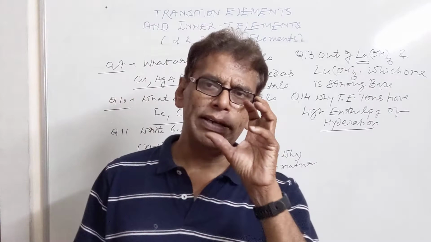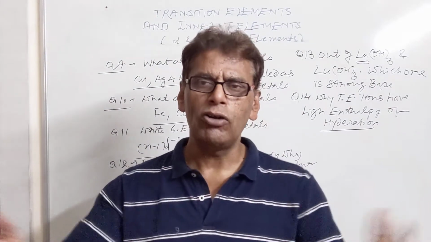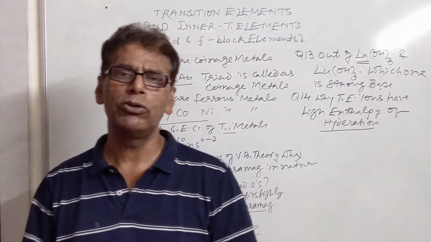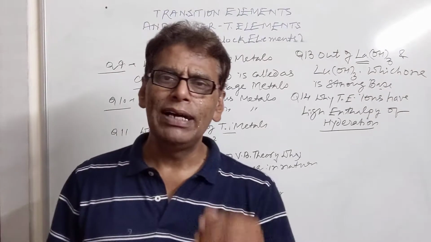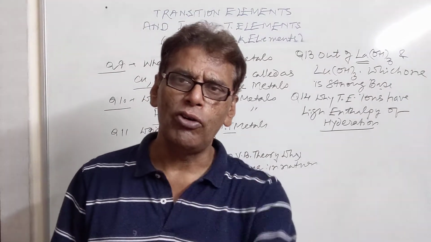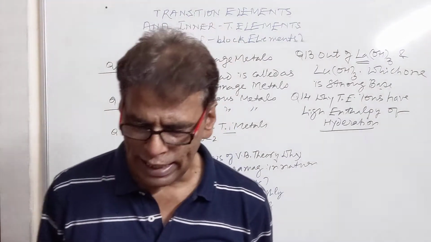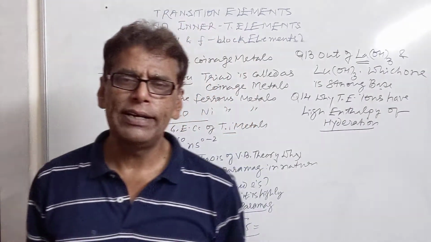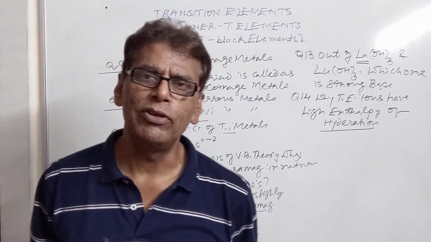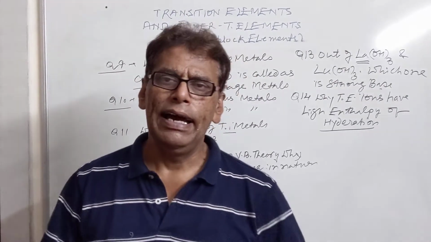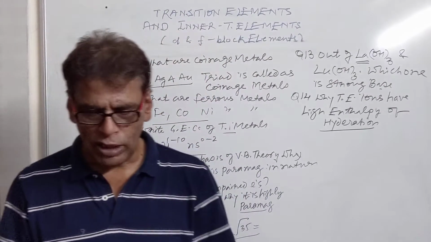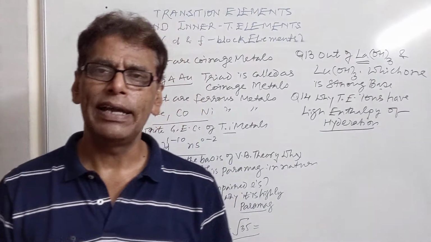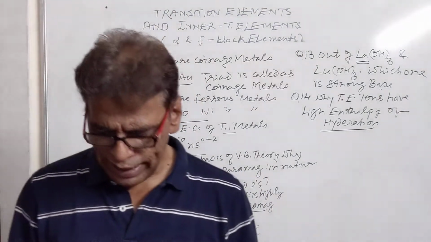They get solvated heavily, surrounded by a large number of water molecules in the aqueous medium. When more water molecules surround a transition metal ion, it releases more energy, which is called hydration energy. So due to their small sizes and high effective nuclear charge, they trap a large number of water molecules around them and release a large amount of energy.